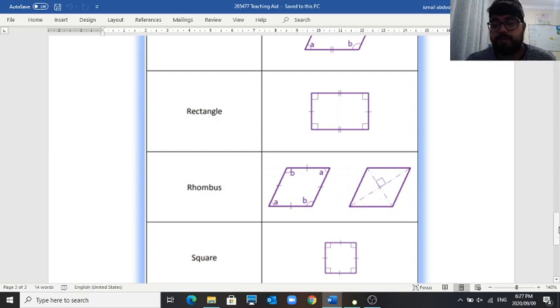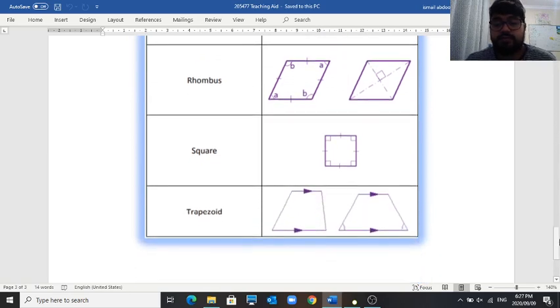Now we look at the rhombus, which is a smaller square version of our parallelogram, and in the rhombus all four sides are equal, and the opposite sides are equal to each other.